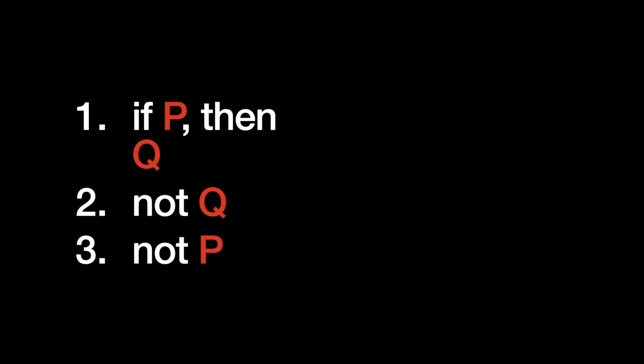The second premise is a denial of Q, so it's not Q. It is not true that I have eyes. And the conclusion is a denial of P. It is not true that I can see, not P. So any argument that takes that form, if P then Q, not Q, therefore not P, is logically valid.